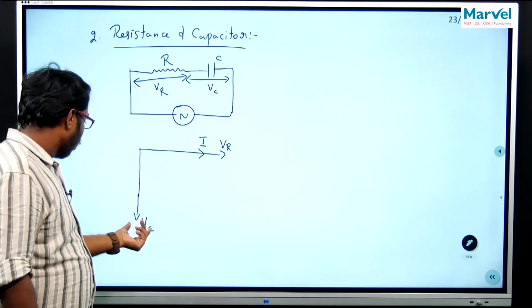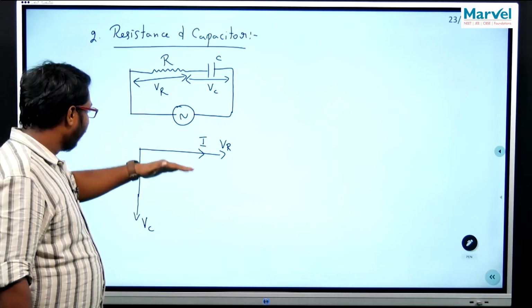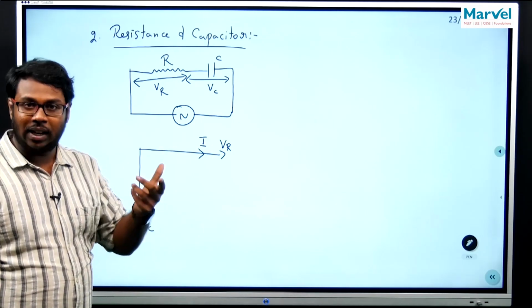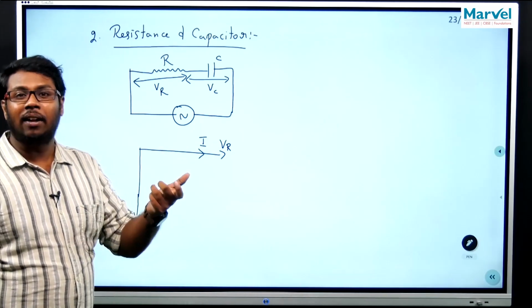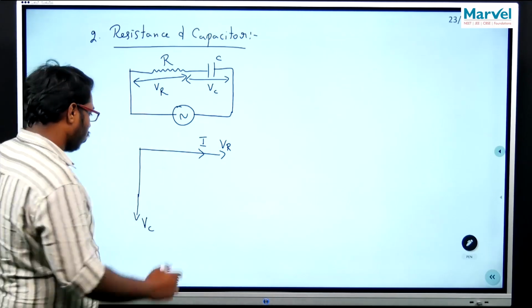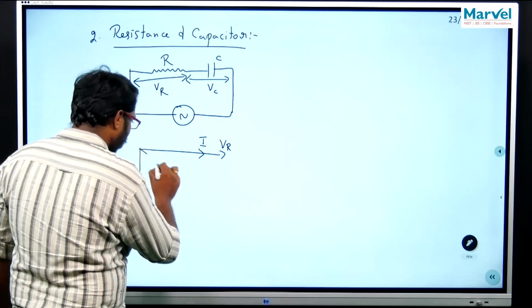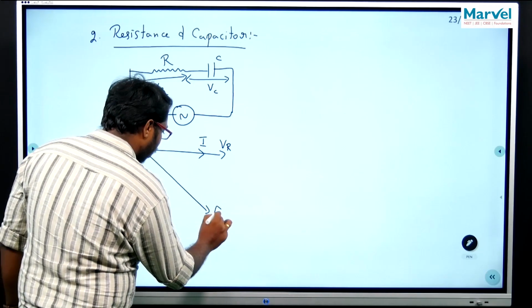The voltage drop on C is going to lag the current. Voltage lags the current in your capacitor. That is the reason why I have drawn VC down, where your E will point this way.